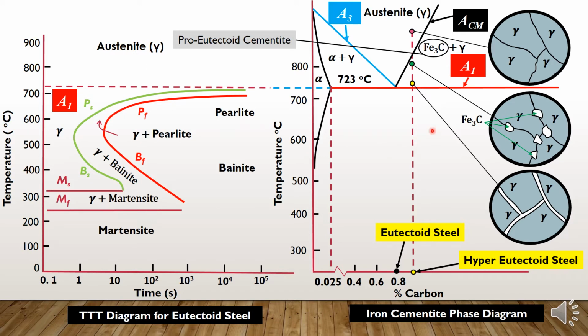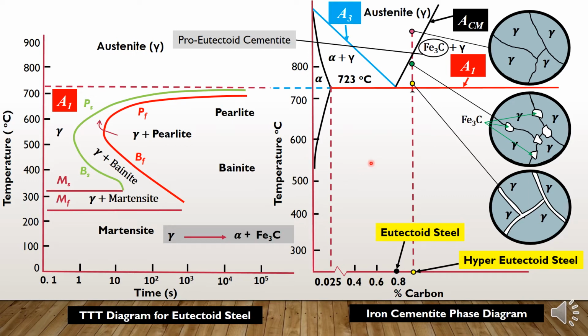As the eutectoid temperature is reached, the temperature will become constant and an invariant reaction known as eutectoid reaction will start, in which all the remaining austenite will then transform into pearlite, which is actually a mixture of ferrite plus cementite.